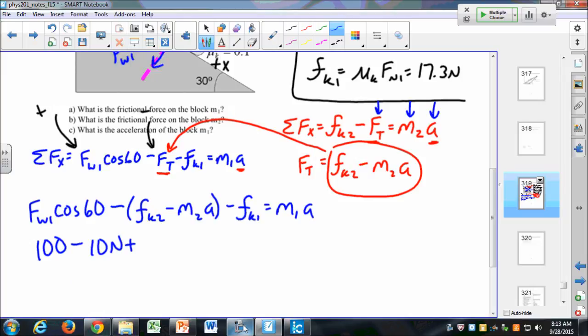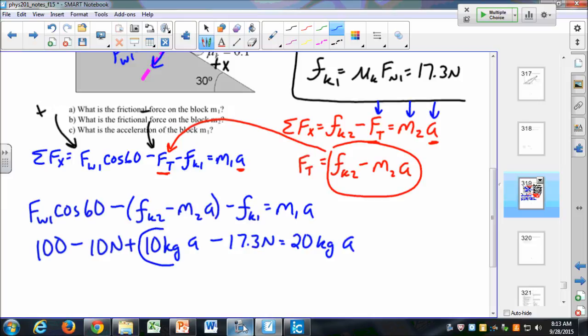M2 was 10 kilograms, times the acceleration, minus FK1, which is 17.3 newtons. And then that's equal to M1, which is what, 20 kilograms, times A.